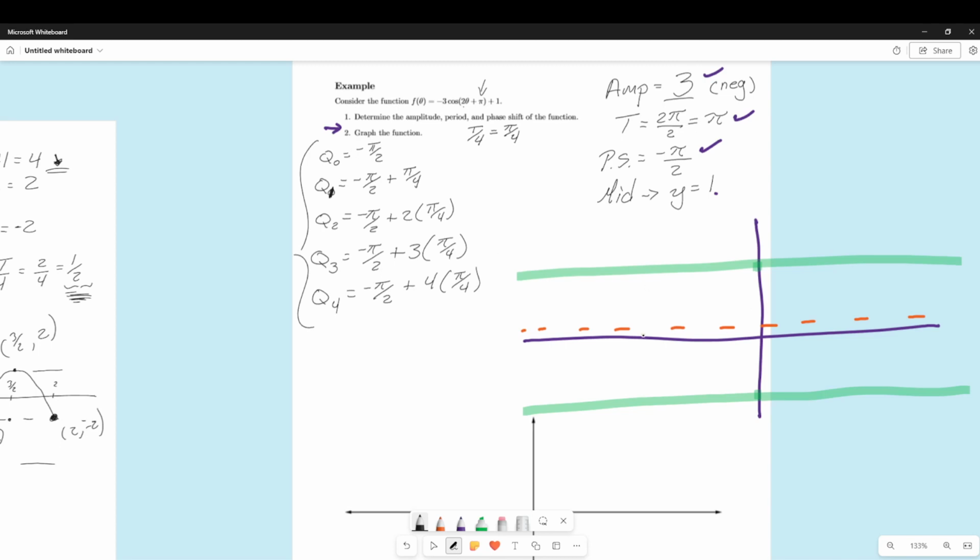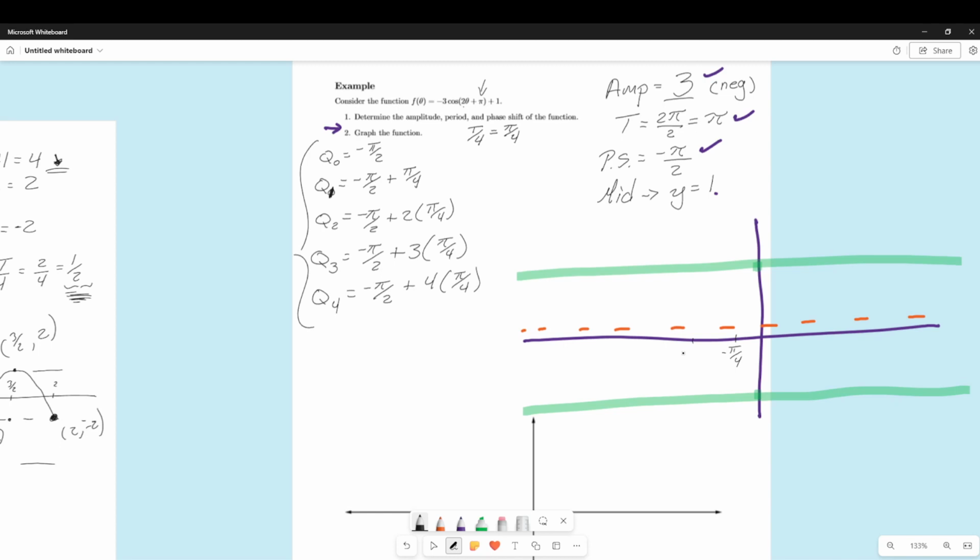And then, what our scale is, we could put 1, 2, 3, 4, 5, 6, and then figure out where pi over 2 is. Remember, pi over 2 is about 1.57, so if we put 1 and 2, negative pi over 2 would live between negative 1 and negative 2 if we wanted to. But since we're dealing with pi over 2 and pi over 4s, we might as well make our scale the same way. So I'm going to scale this just in terms of pi over 4s.